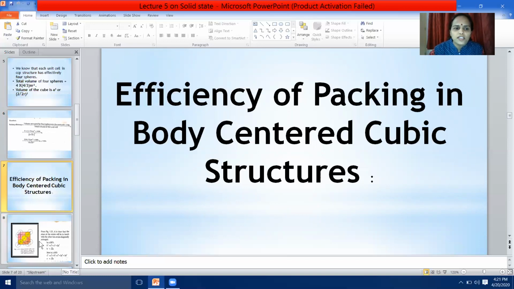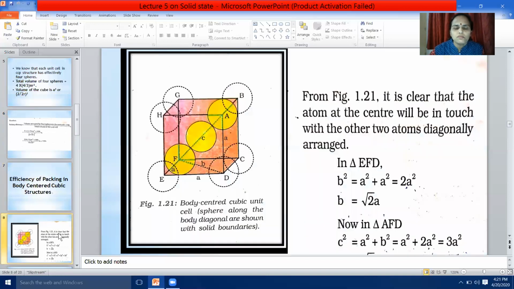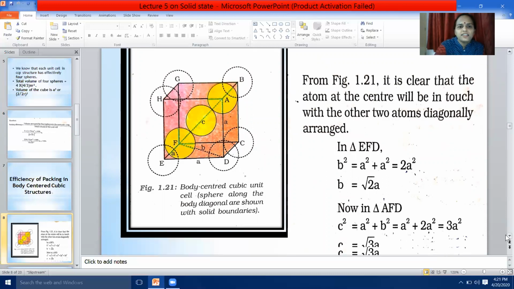So let us look at this figure 1.21. From this figure, it's clear that the atom at the center is in touch with the other 2 atoms diagonally arranged.